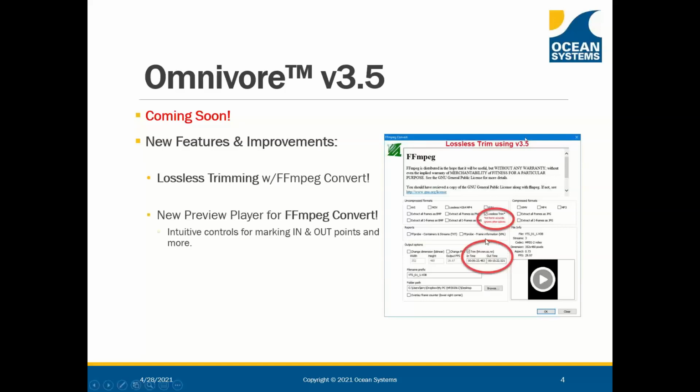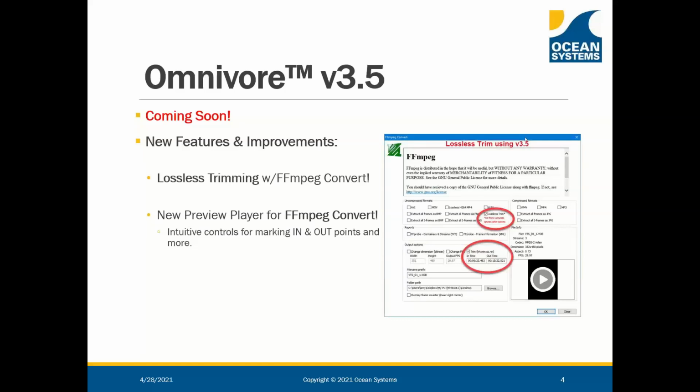If you're not familiar with lossless trimming, it is a basic capability of FFmpeg Convert, and it is not a frame-accurate process. It is entirely based on the source's stream and container. So if FFmpeg can read the source and the stream properly, then it will be able to work quite efficiently.